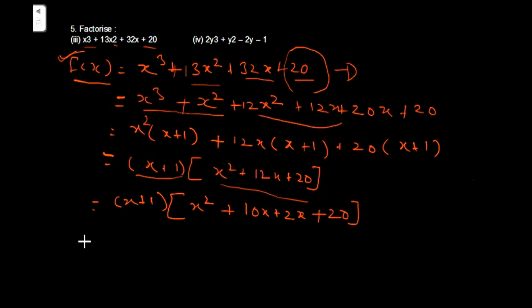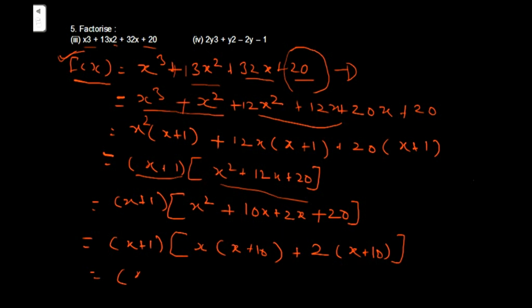So let's move on. x plus 1, into the bracket I will take x common from the first two terms, so into the bracket I will have x plus 10, plus, I can take 2 as common, into the bracket I will have x plus 10.